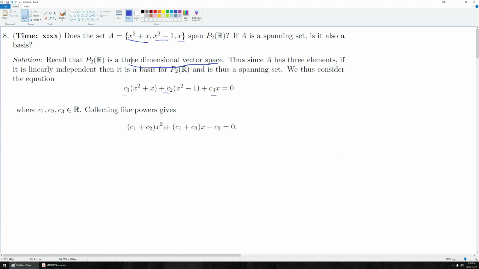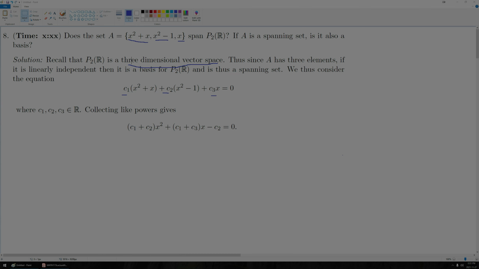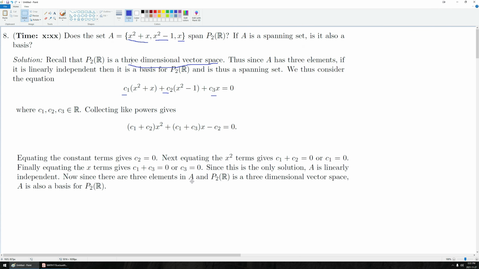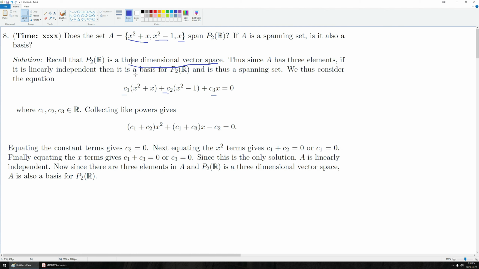Okay, so if this polynomial is going to equal 0, well, that tells me that the various coefficients here are all going to have to be 0. So from here, I can just kind of chase this out to find my solutions. Well, if I just look at this last term, this tells me C2 has to be 0. Okay, so if I plug this in, that gives me this is 0. So immediately that tells me, hey, C1 plus C2 is 0, but C2 is 0, therefore C1 is 0.